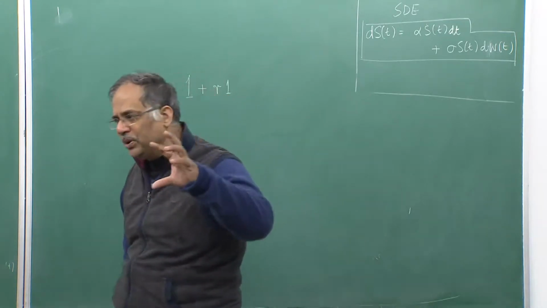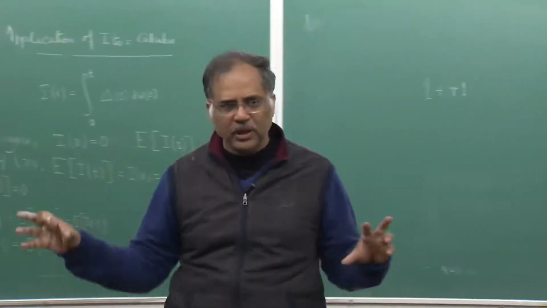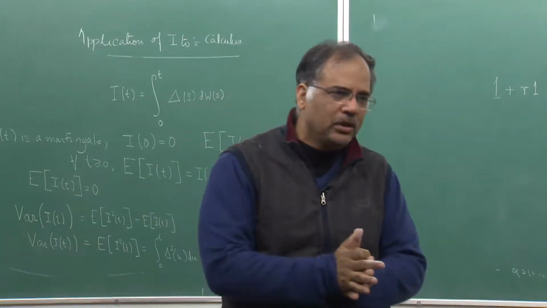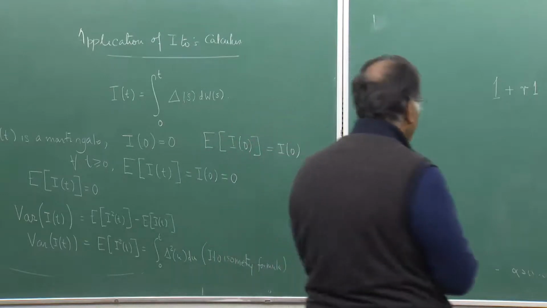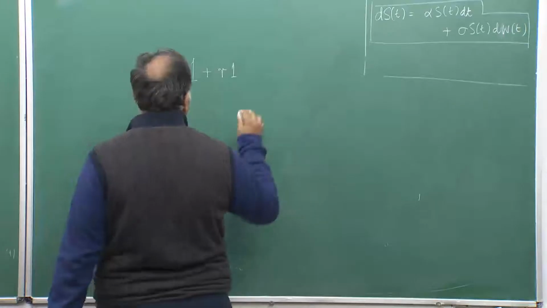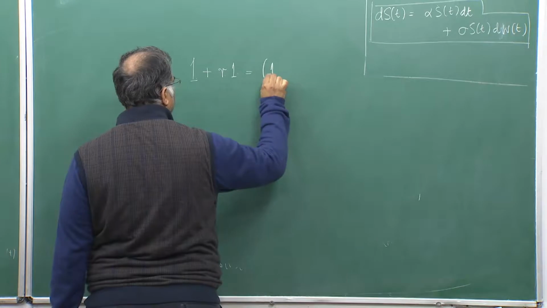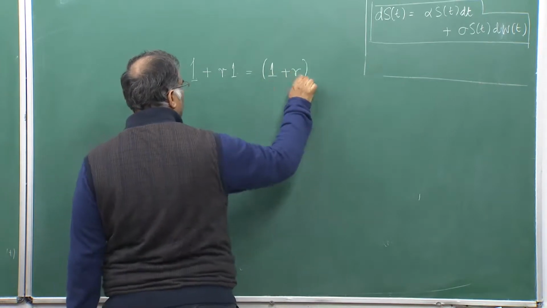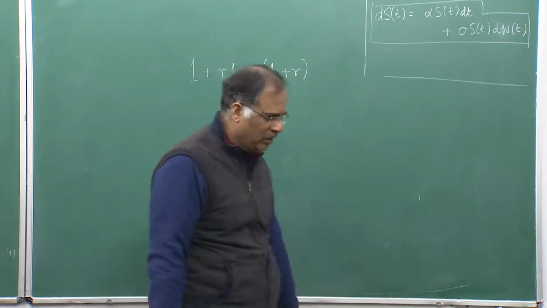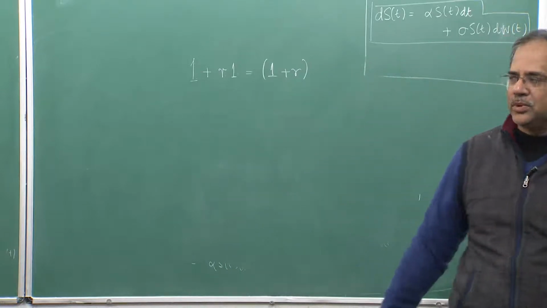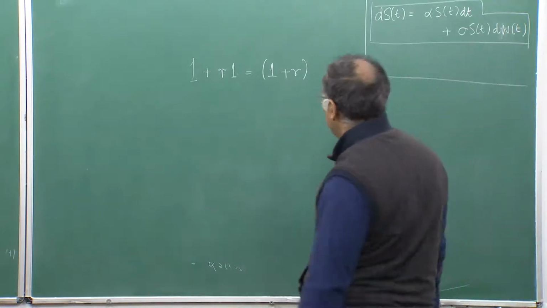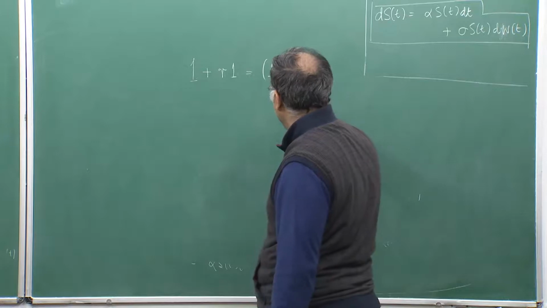So not only the principal, but a fraction of my principal would be added to my original money. So after a given period I will get 1 plus r. This fraction r is called the rate of interest.